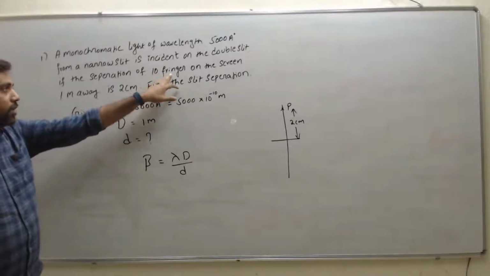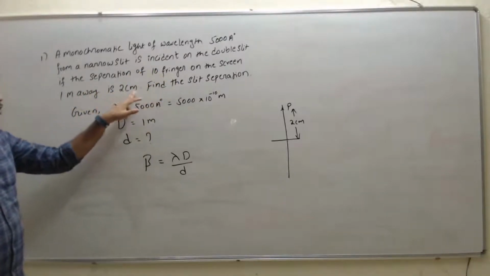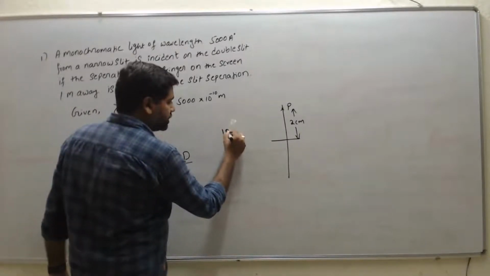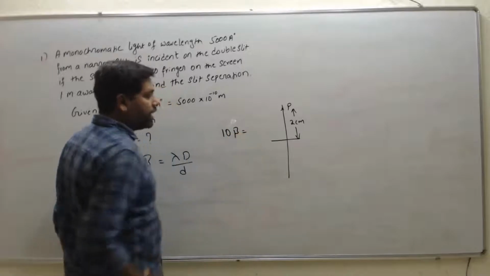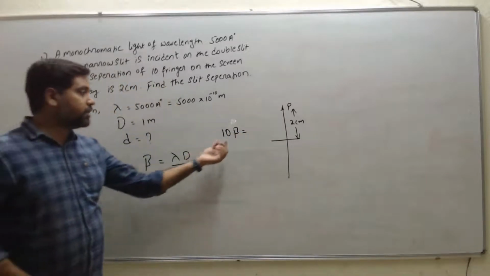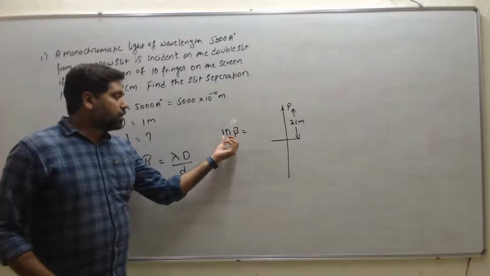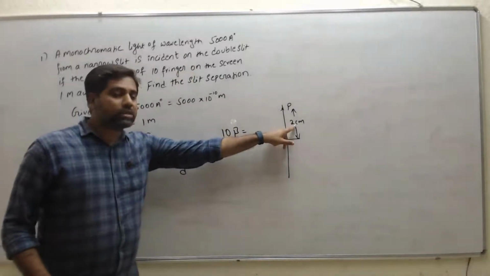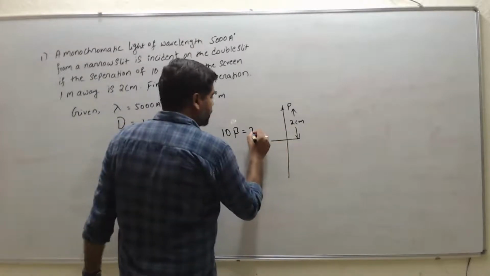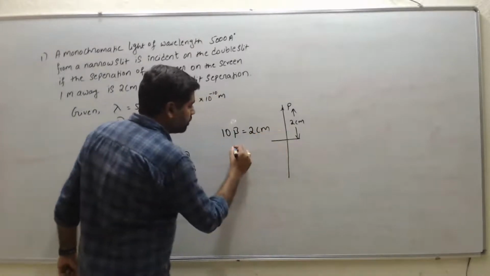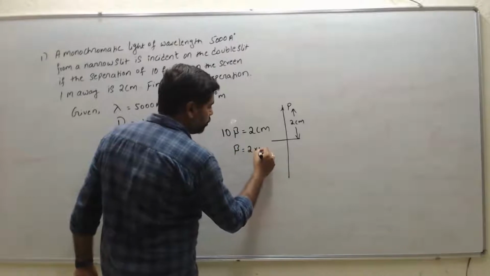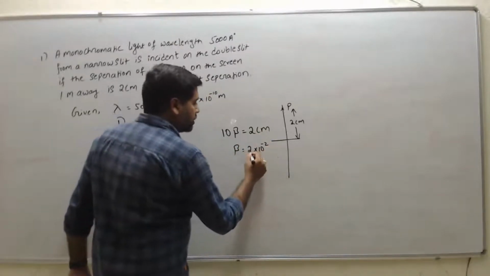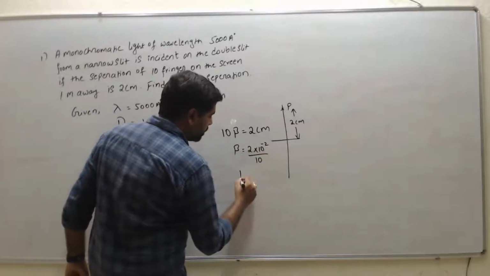That is, 10 fringes on the screen is 2 centimeter. One fringe width is beta, so 10 fringes, that is 10 beta, is equal to the distance, 2 centimeter, right? Then beta is equal to 2 into 10 to the power of minus 2 meter, converting centimeter into meter, divided by 10.